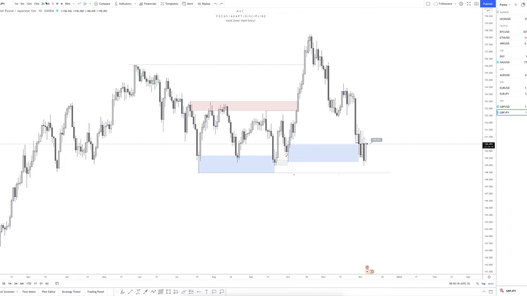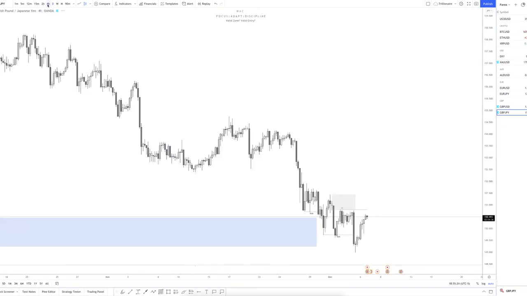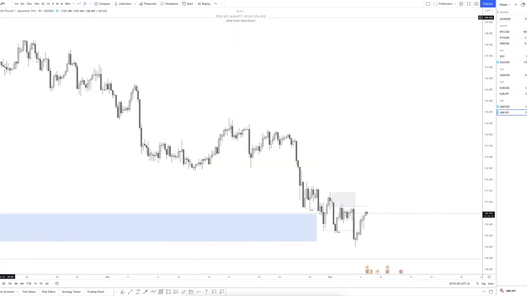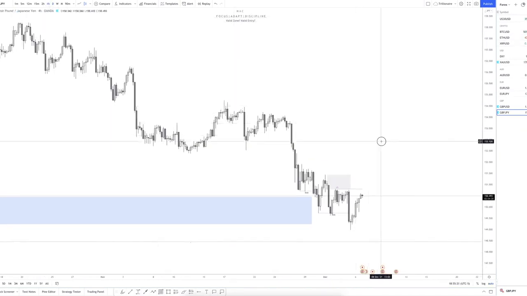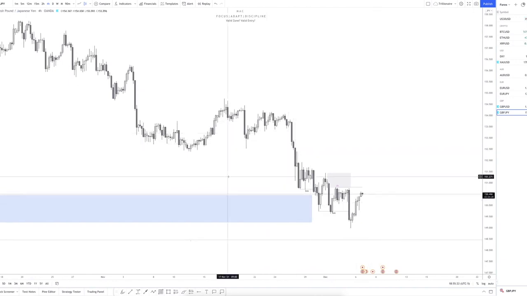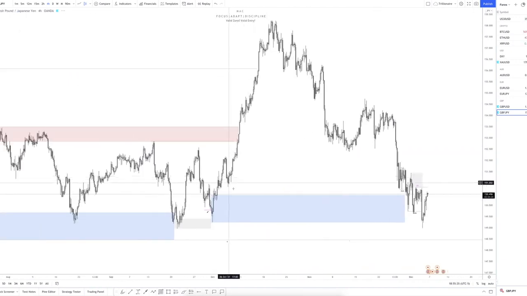All right. Now let's break this down to the H4 time frame and get into a little bit of the nitty-gritty intraday type of structure. So this is the H4 time frame. The thing about the H4 time frame that I love is you really don't have to look at previous price, meaning if you're going to zoom out and look at previous price, zoom out in order to either refine a little bit more.